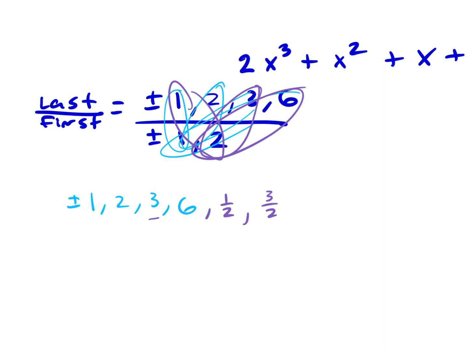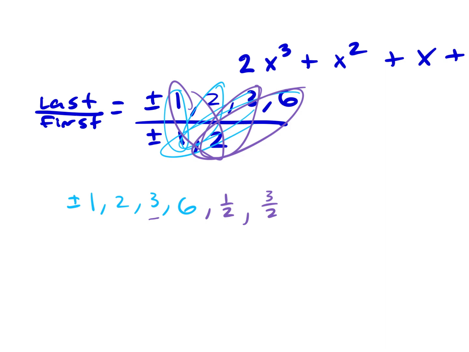So sometimes, if your leading coefficient's not 1, and you have to list out your factors of the first, you may have fractions. So you may be doing synthetic division with fractions. I would recommend doing synthetic division with the whole numbers first, rule those out, and then maybe you might have to factor with and end up with a fraction at the end.